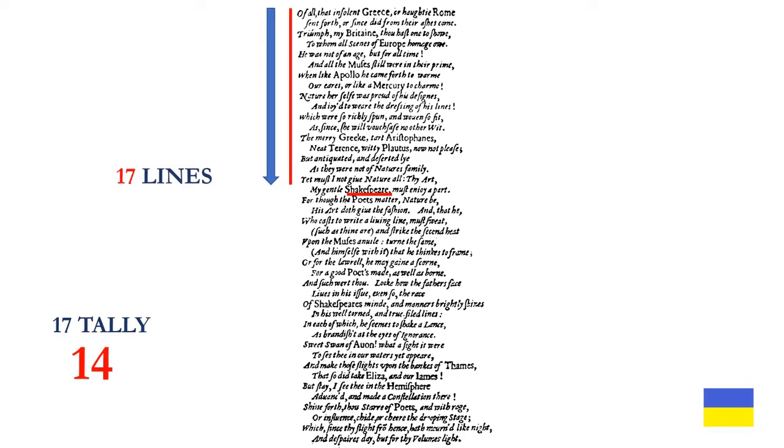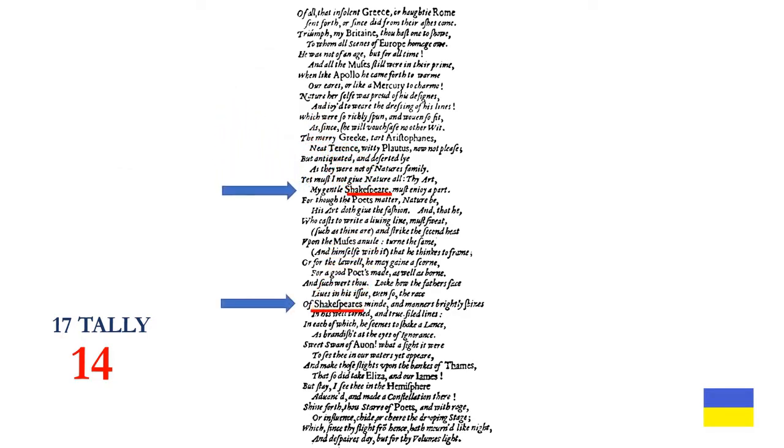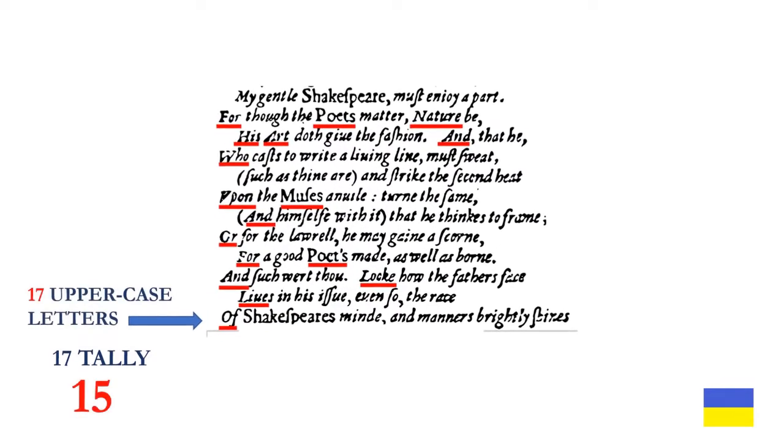There are 17 lines from the top of page 2 to the line which has Shakespeare on it. Between the gentle Shakespeare and the final time Shakespeare's name appears, there are 17 uppercase letters.